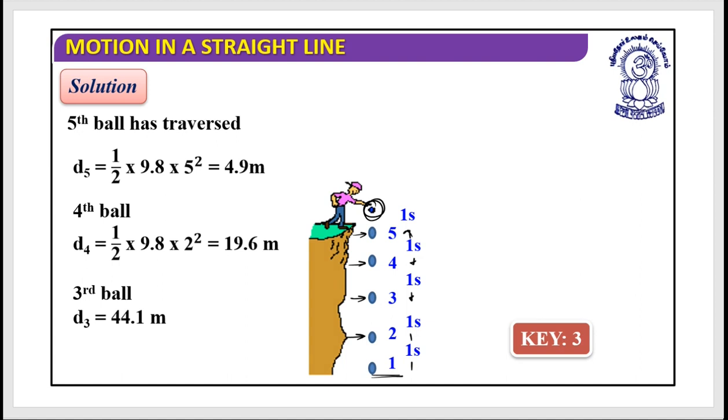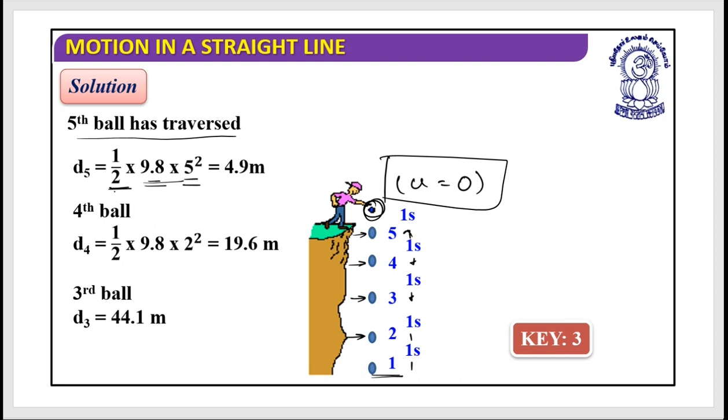If I consider the fifth ball, the distance would be half gt square, because when you drop something, the initial velocity u is equal to 0. So this is 1 by 2 into 9.8 into 1 square, which would be 4.9 meters.